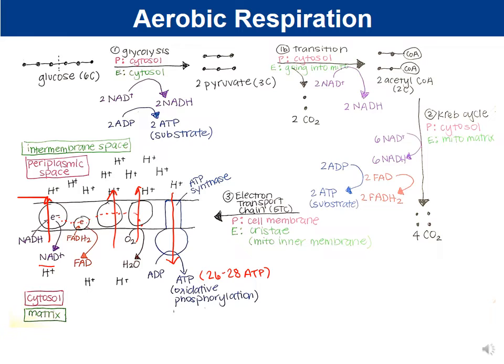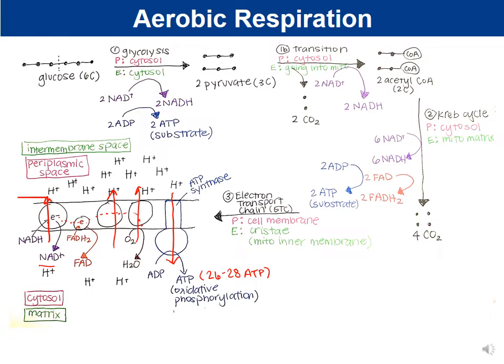Now, when we talk about aerobic respiration, notice that we have glucose. Is glucose or sugar the only food source that we use? Answer is no. Glucose is one food source. We can use lipids, we can use fats, we could use proteins.